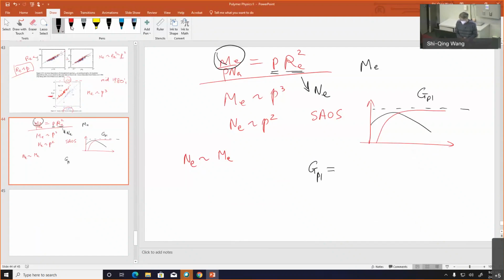But plateau modulus, we did more than once when we discussed viscoelasticity. It has the dimension of energy per unit volume, so the energy is kT. The volume is the number of chains per unit volume.